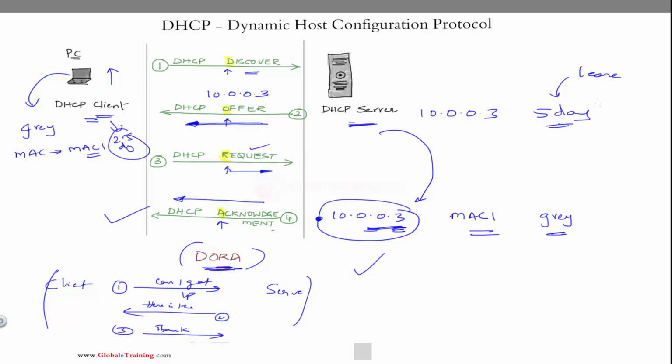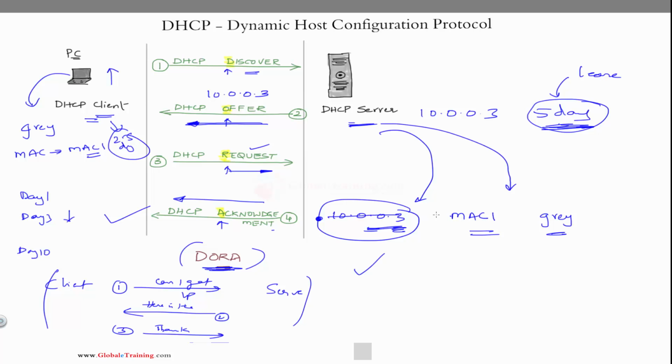But then what is the real need for the lease? Let's say you got an IP address on day 1. On day 3, your computer was shut down and never came up. Let's say it came up on day 10, but the lease was only for 5 days. So the DHCP server, after 5 days, will check, hey, the system doesn't seem to be online.